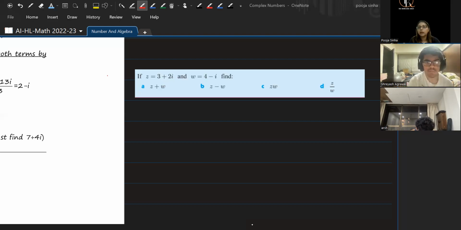Oh, wait, no. Miss, I put the wrong thing for A. 7 plus i. 7 plus i is correct. Miss, for C I got 2i square plus 11i plus 12. You can simplify the 2i square by putting it as minus 2, because i square is minus 1, and then you add it to 12. So it becomes 14 plus 5i.